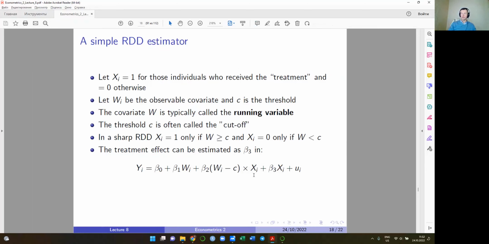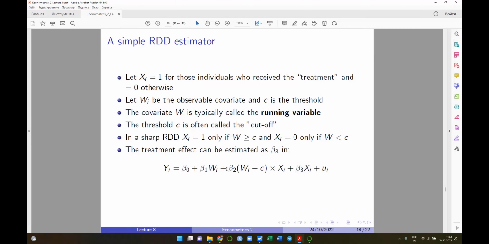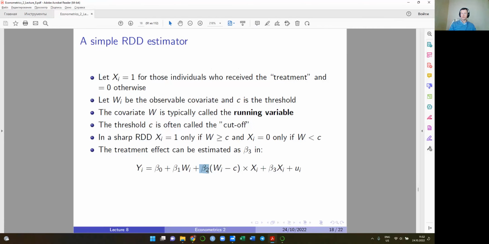So what happens here? Beta 2 times x, x is 1, and times w. So the slope changes from beta 1 to beta 1 plus beta 2. Okay, so we control for different slope, potentially.